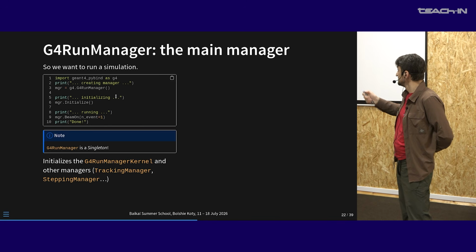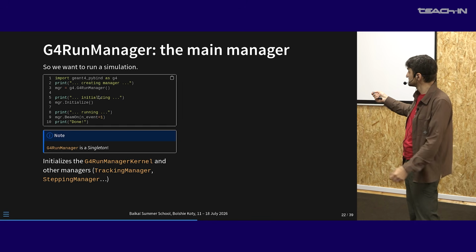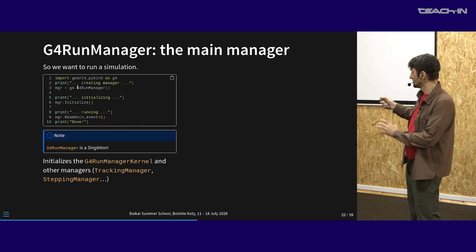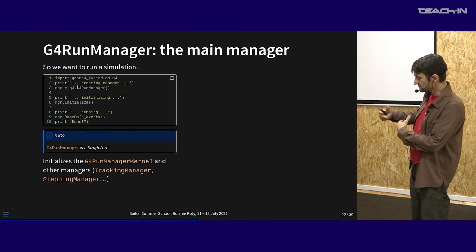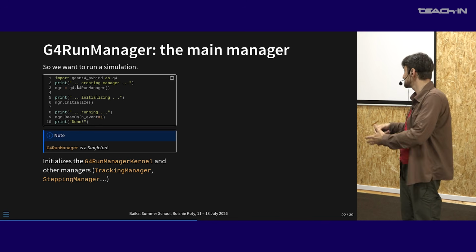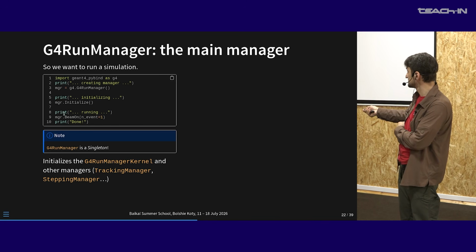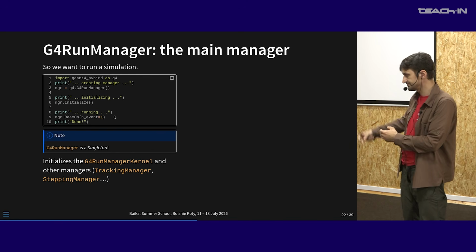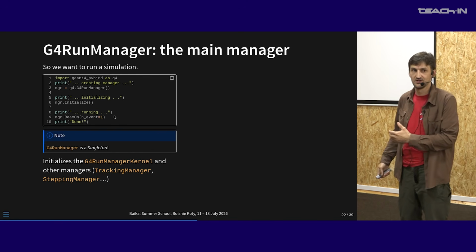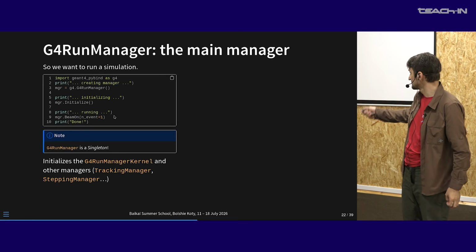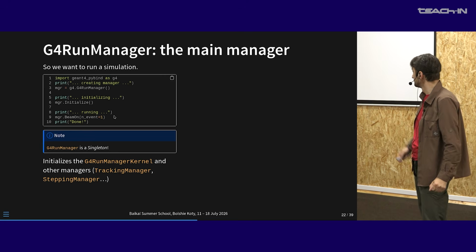So it needs basically 3 steps. It needs to be created or obtained somehow. Then you call Initialize, when it performs all the initialization, and then you run BeamOn, which starts the simulation. And you pass a number of events, and then you're done.